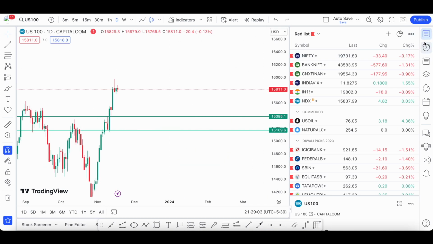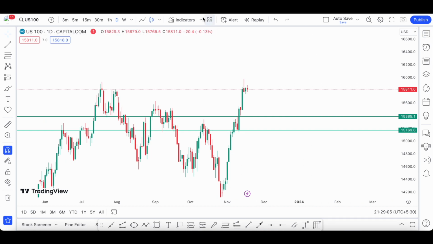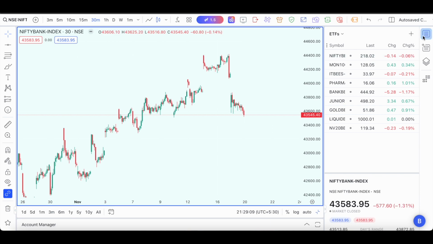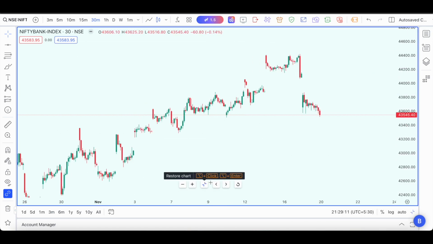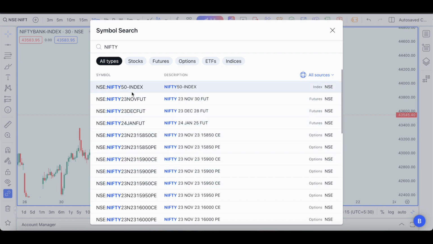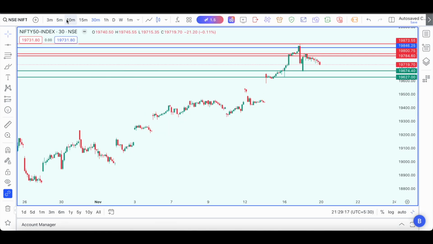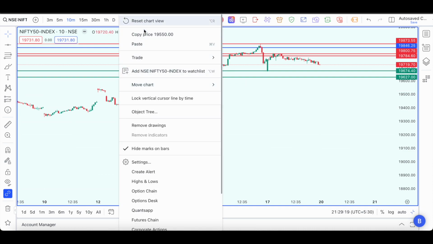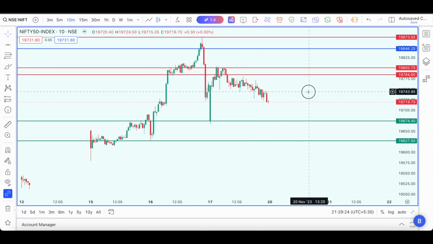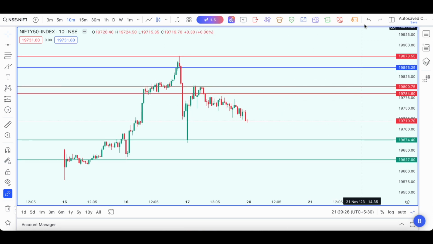So these are the higher time frame levels. Now let's discuss the lower time frame levels. For this, let me open Nifty first. Again I got some interesting levels. Let me switch to the 10 minute time frame, and here I am watching two levels.